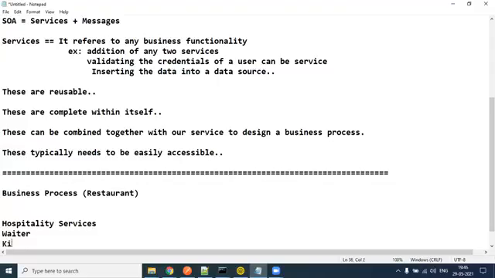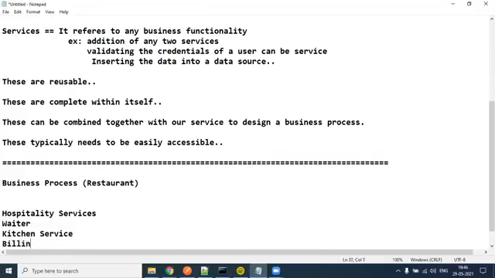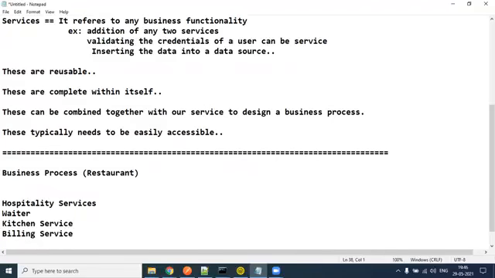Then there is a kitchen service, right? In kitchen service, there will be a chef who will be preparing the food for you. Then there is a billing service, right? Who will make sure that whatever orders you have placed, there is some separate entity, some administration, who is taking care of billing. Maybe there is one more service. Let's say there is one more department who takes the feedback. Let's say feedback service.